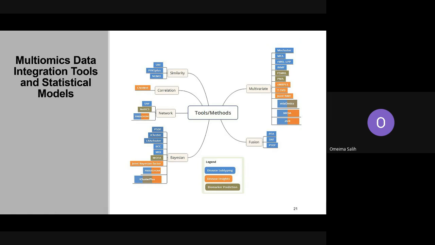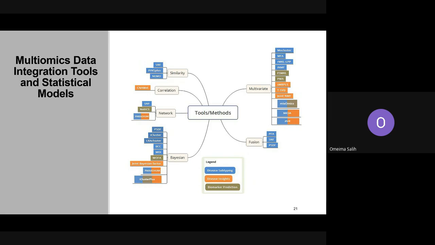Again, you select the software or the package according to what you are targeting, and what type of experiment you are using. Is it bulk? Is it single cell? Is it spatial? Is it horizontal data or is it vertical data?